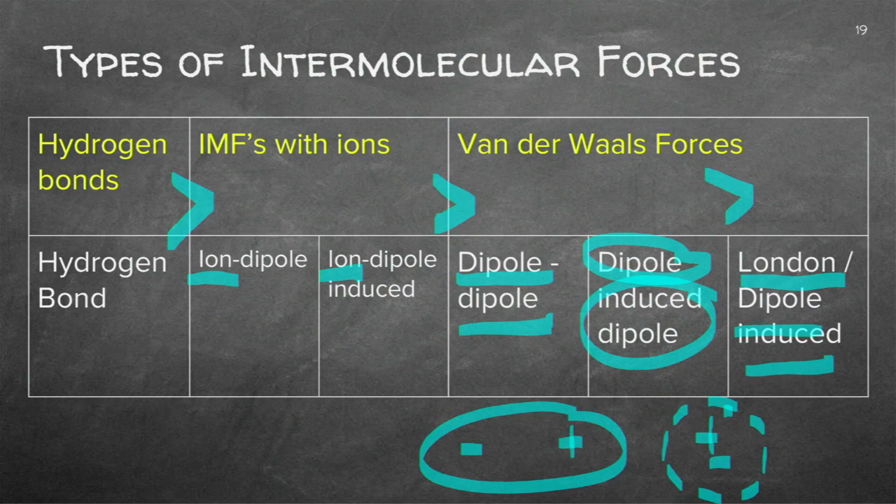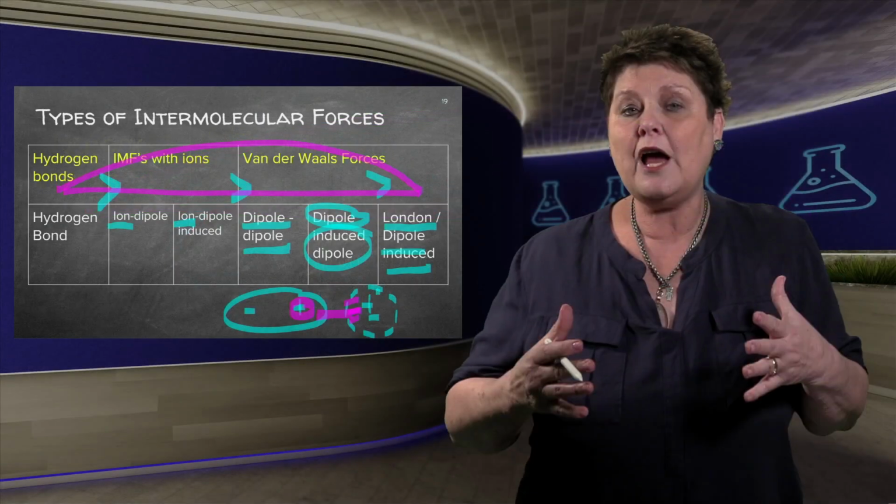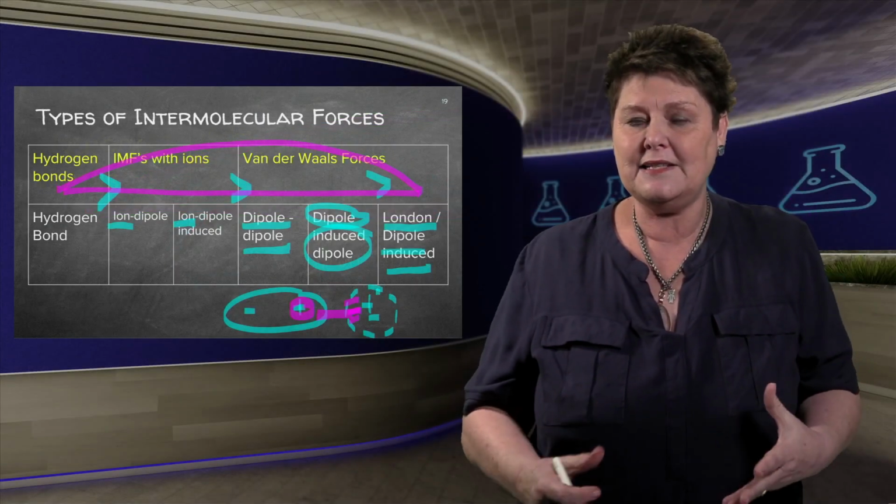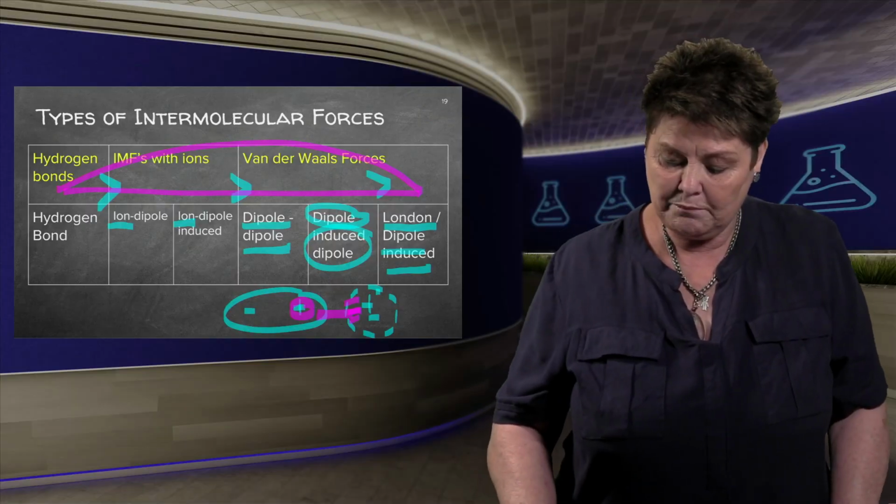And can you see what's going to happen here? This positive will attract the negative charges that side, and for a brief moment you'll have a bond there. Important that you know it goes from hydrogen to the London or induced dipole forces. We are going to apply it in the next lesson, and you'll see why it is so important.